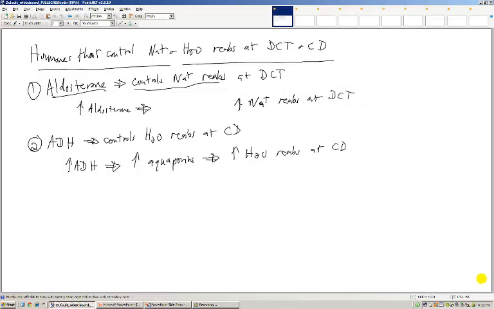So more aldosterone leads to more sodium transporters in DCT cells, and that leads to more sodium reabsorption. And similarly, more ADH leads to more aquaporins in the collecting duct, and therefore more water reabsorption at the collecting duct.